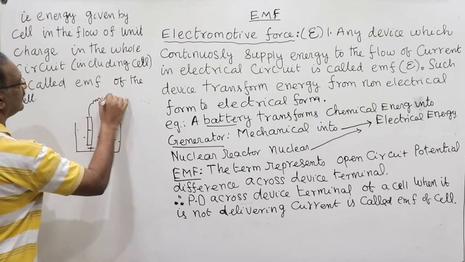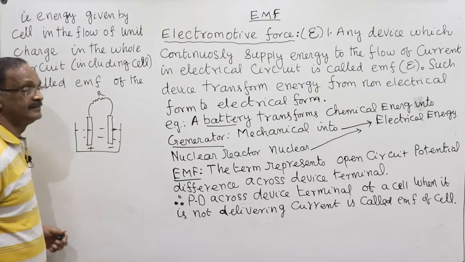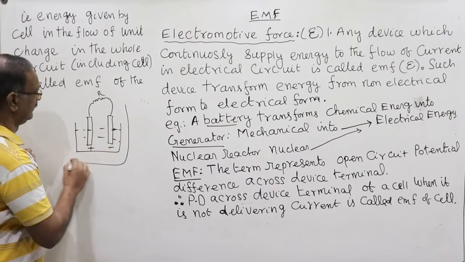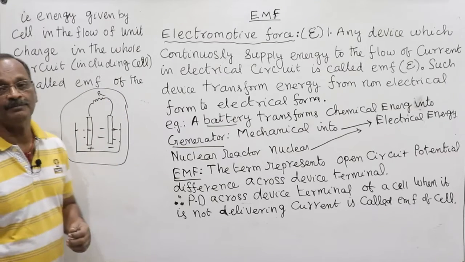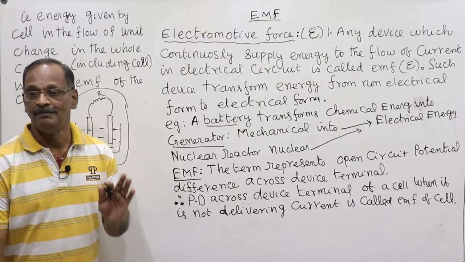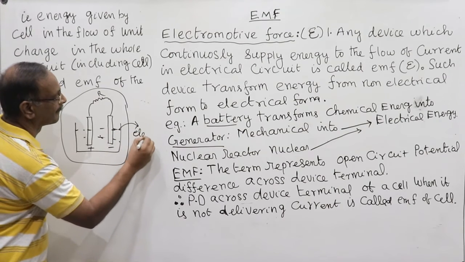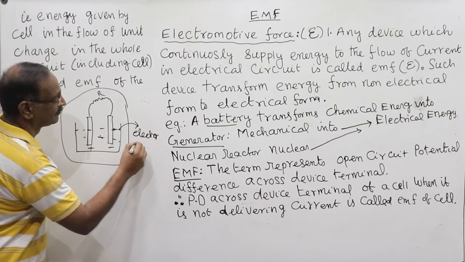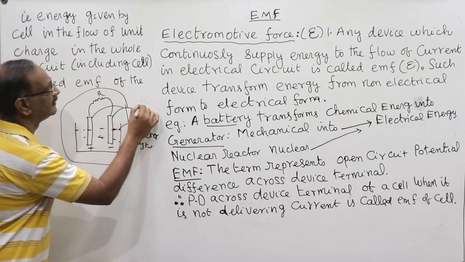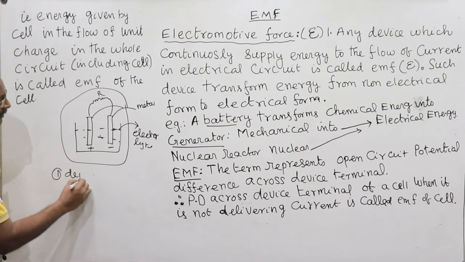When we connect through the external resistance, the cell produces EMF, which depends on the nature of the electrolyte and the metal of the electrodes. This is the electrolyte, and this is the electrode metal. It means it depends on what?